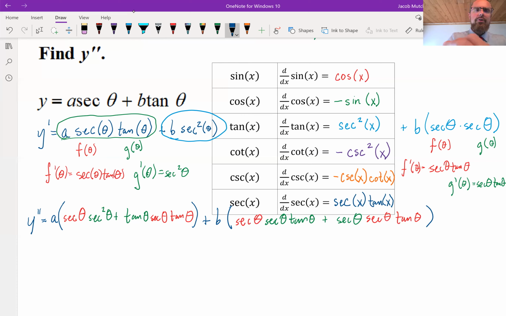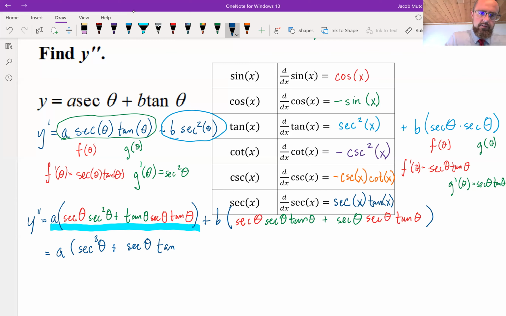Let's focus first on the a coefficient term. It's going to be a times, I've got secant theta times secant squared theta, so that's secant cubed of theta, plus secant theta tangent squared of theta. So that simplifies that first term.